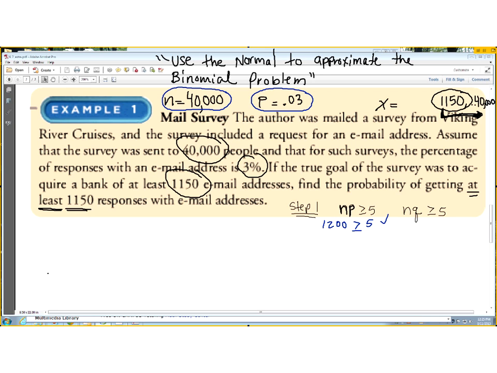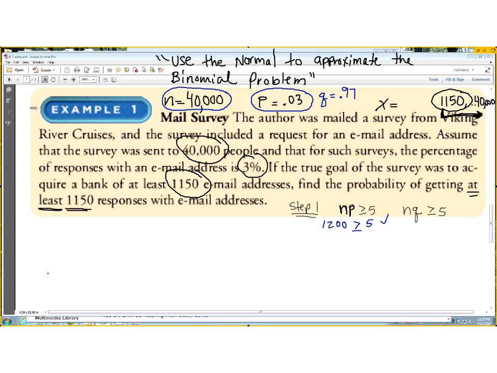And then you have to go ahead and check the n times q. Now I didn't give you q, but you know enough to find q on your own. The problem did not give us q, but we know enough to find it. And so remember, q is 1 minus p, so 0.97, right?